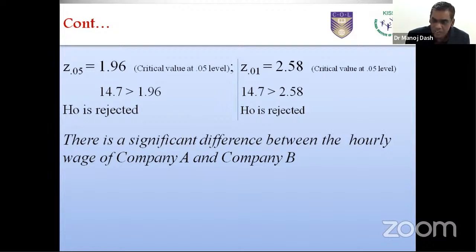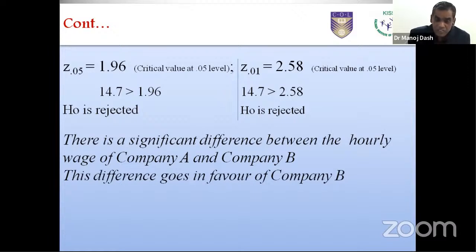What is the null hypothesis? There is no significant difference between the hourly wages of company A and company B. But as the null hypothesis is rejected, we retain the alternate hypothesis. So we can say that the difference between the hourly wage of company A and company B is significant.